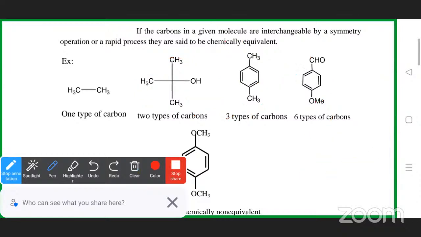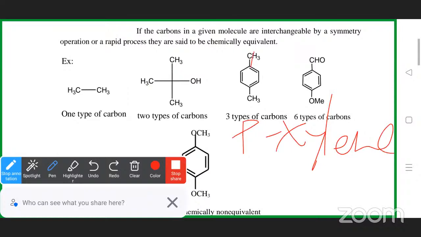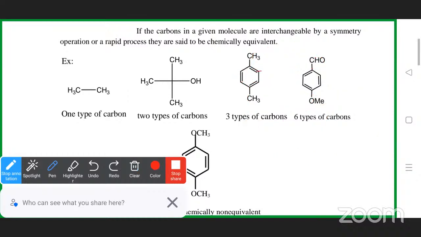And in this one, paraxylene, not cresol, because it is symmetrical, these two are the same, this is A, and these two are the same too. The ortho carbons are one type, and the meta carbons are a second type.